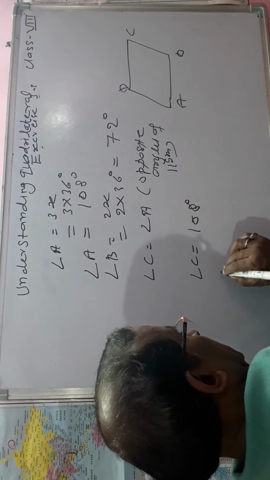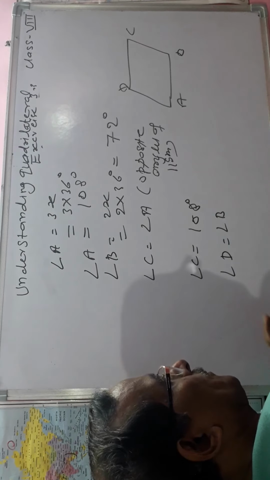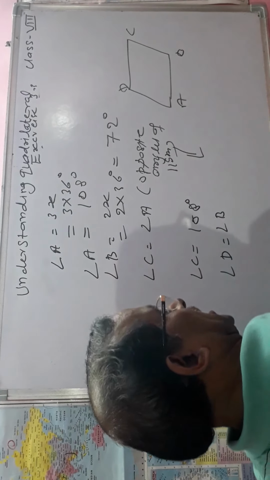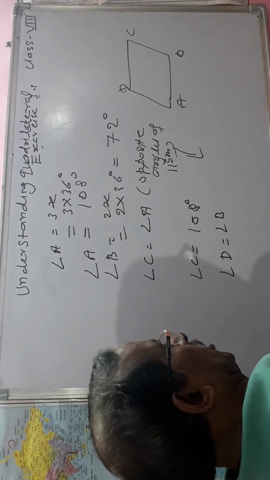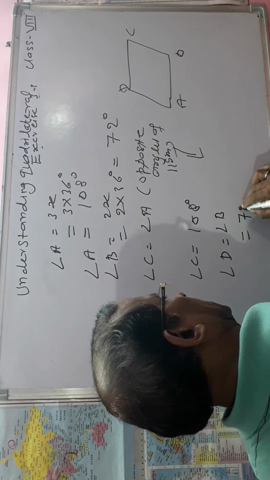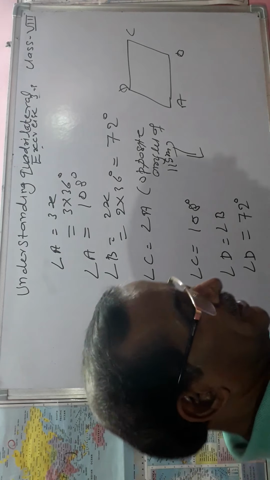Now angle D is equal to angle B, same property, these opposite angles of a parallelogram are equal, so that is equal to 72 degree.